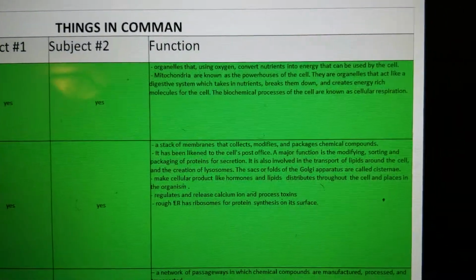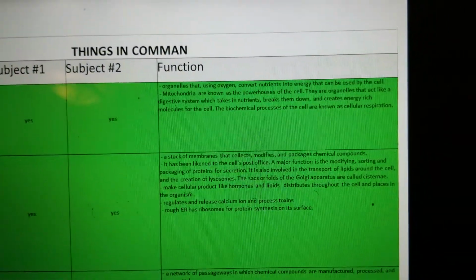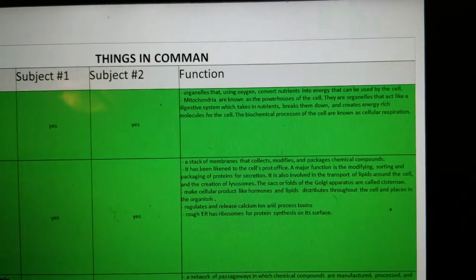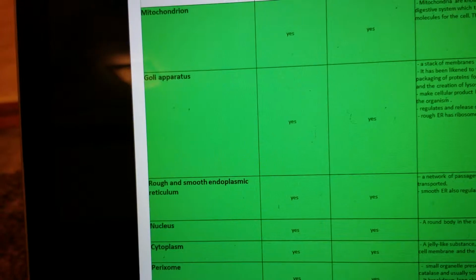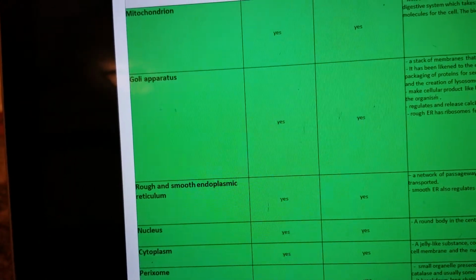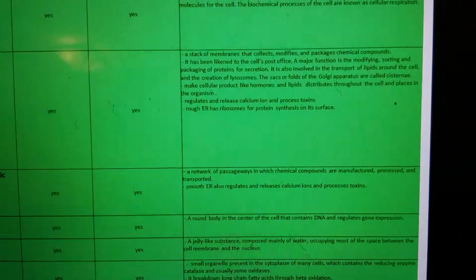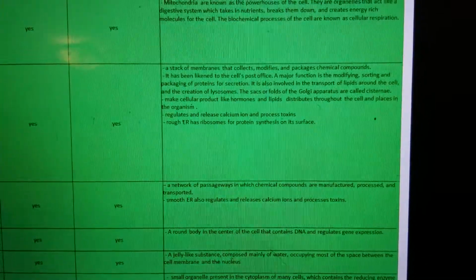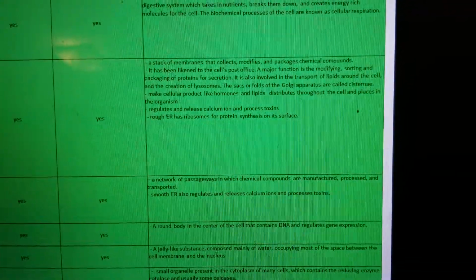The Golgi apparatus is a stack of membranes that collects, modifies, and packages chemical compounds. The next thing that they both have in common is a rough and smooth endoplasmic reticulum. The endoplasmic reticulum is a network of passageways in which chemical compounds are manufactured, processed, and transported.